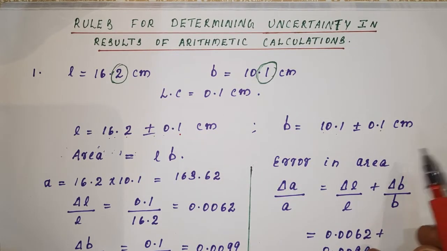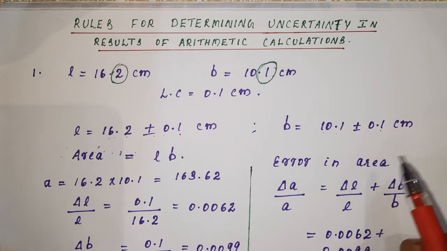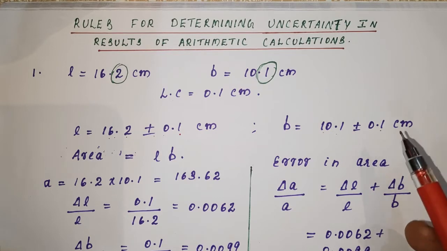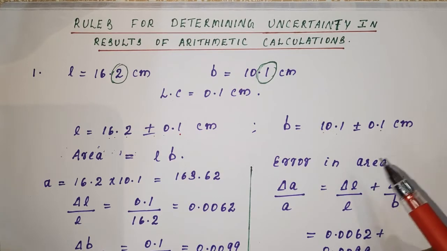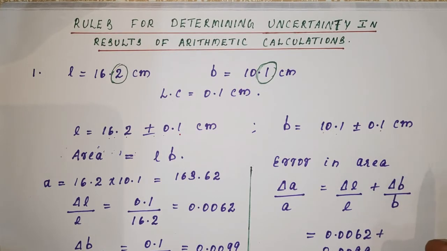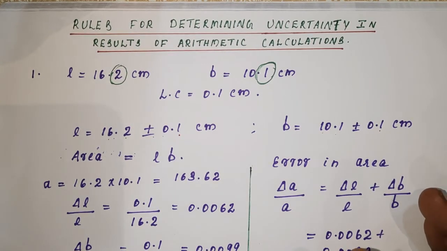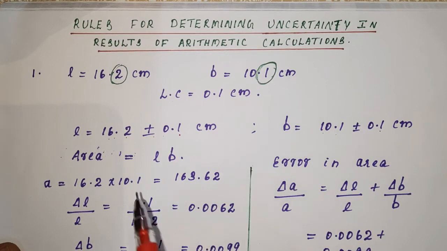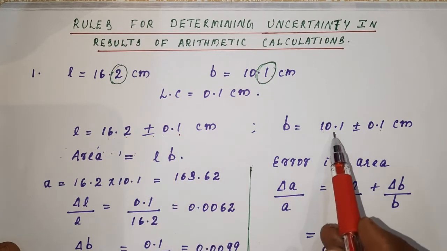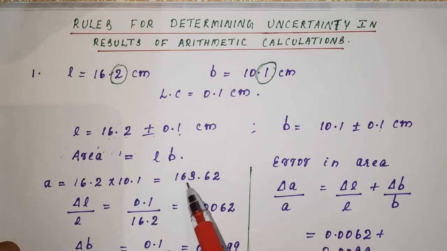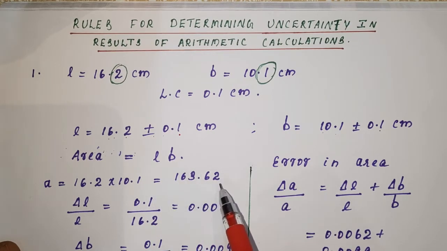In a product or quotient, the sum of the relative errors will be the relative error in the quotient or product. Got it? So first we find the area, that means the product of true values: 16.2 into 10.1 gives 163.62.